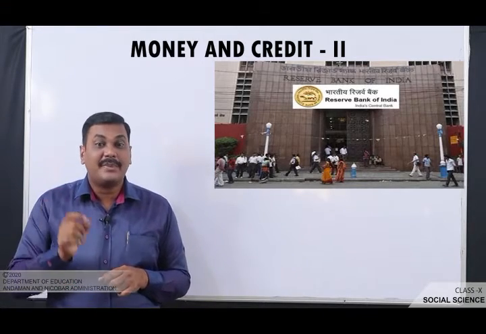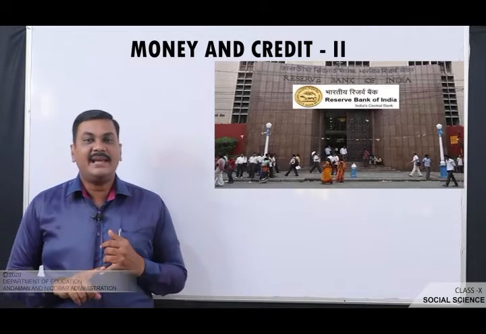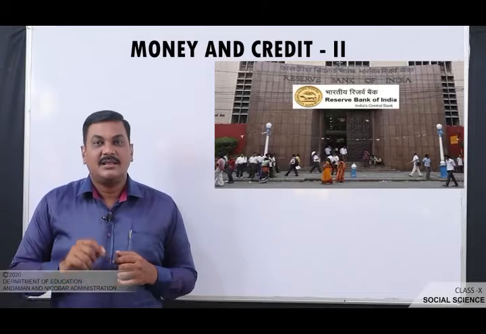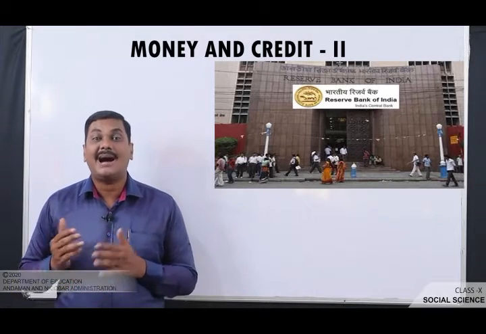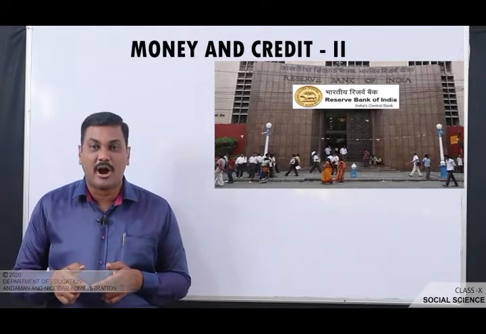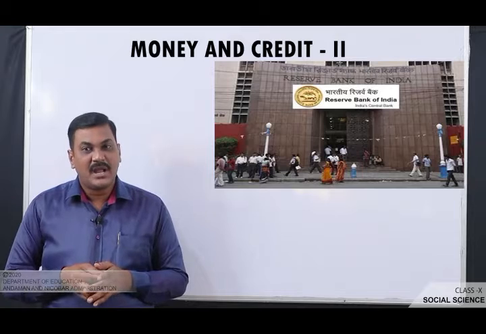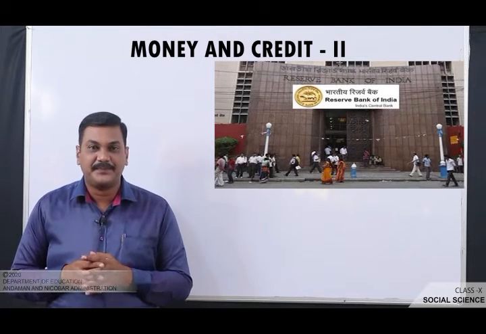It also manages the public debt of the government. Third one is bankers bank. The RBI performs the same functions for the other commercial banks as the other banks ordinarily perform for their customers. RBI lends money to all the commercial banks of the country.